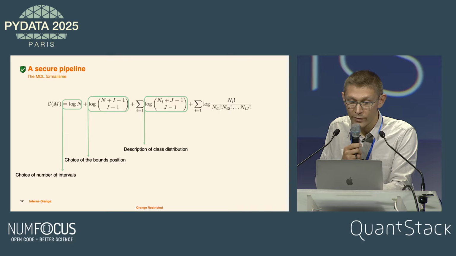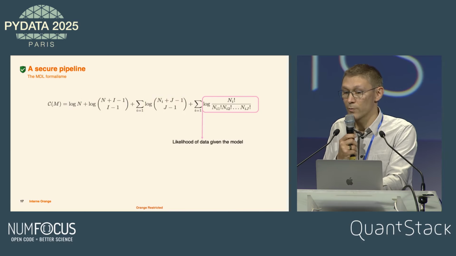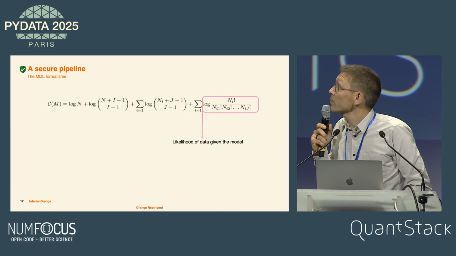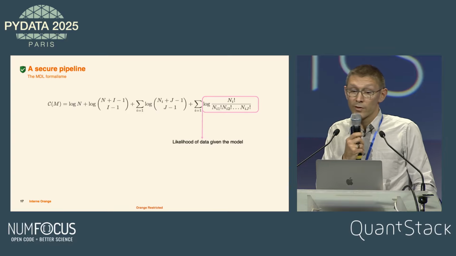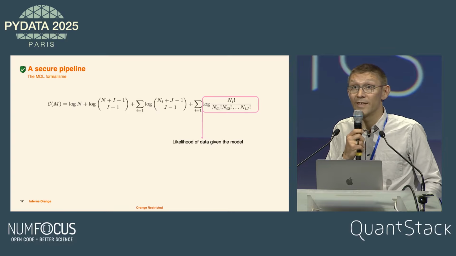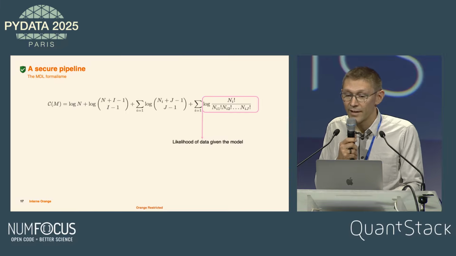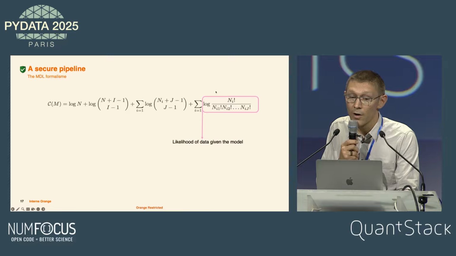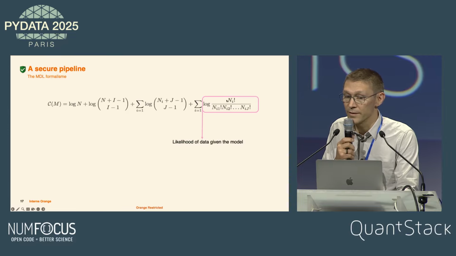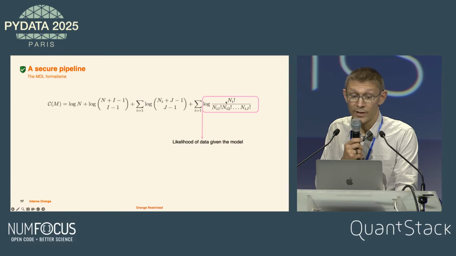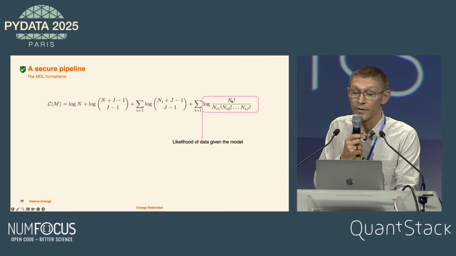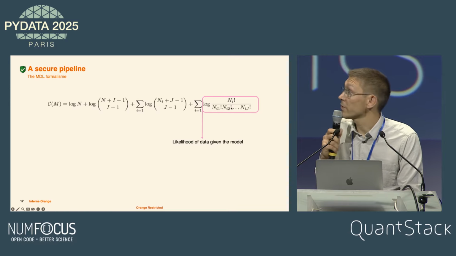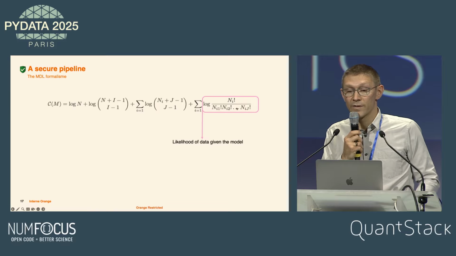After that, we have the last term, which is the likelihood, which is more classical. It corresponds to the minus log of the probability of the data given the model, and it can be interpreted as the permutation of the training examples inside the intervals and the permutation of the labels of these intervals.